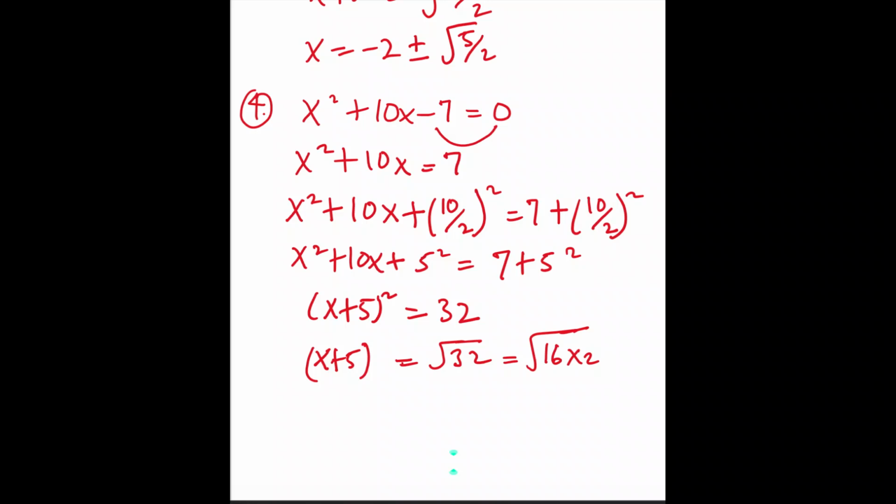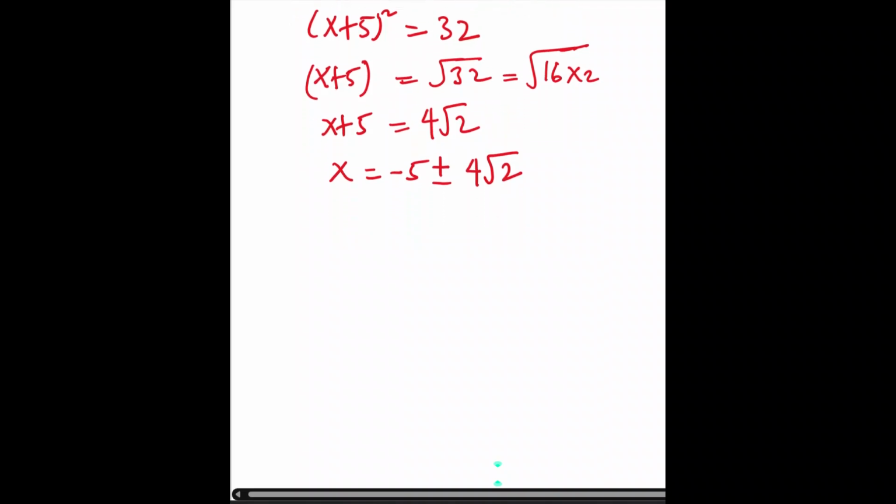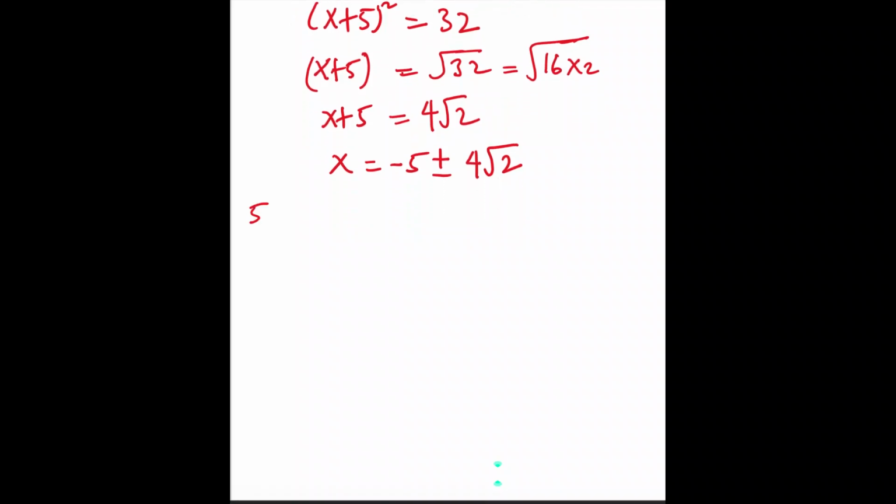So by simplifying we should have 4 root 2. So we have x plus 5 equals 4 root 2. So that will be x is equal to minus 5 plus or minus 4 root 2. So that's the answer for that.